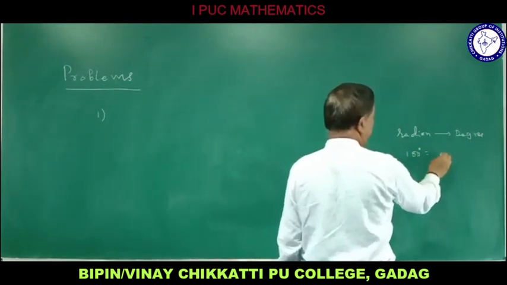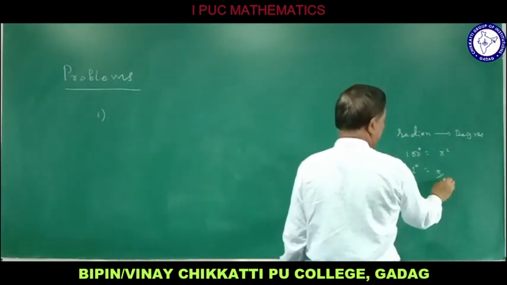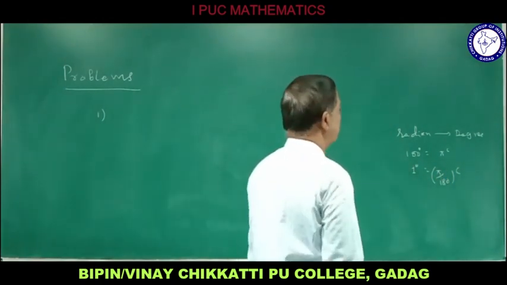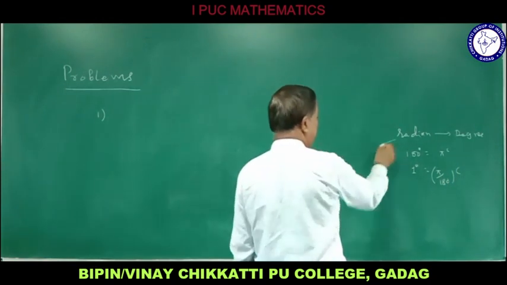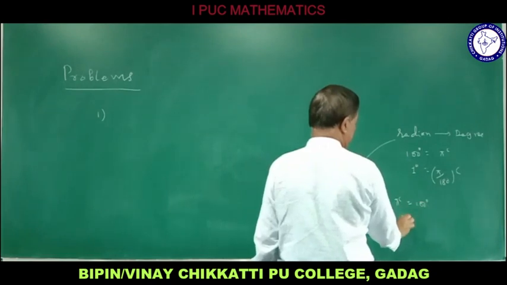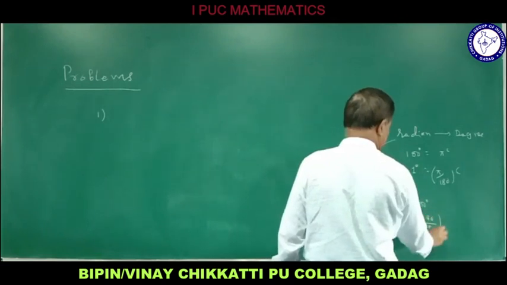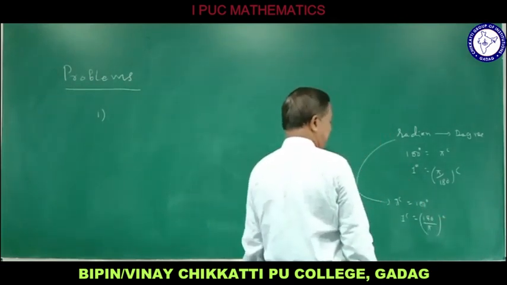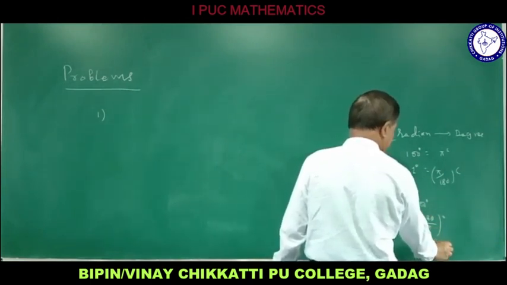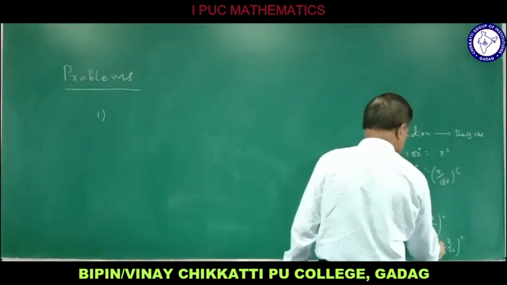180 degrees is equal to pi radian, so 1 degree is equal to pi by 180 radian. But now you can see that pi radian is equal to 180 degrees, so 1 radian is equal to 180 divided by pi degrees. Here pi means 22 by 7, so it is 180 times 7 by 22 degrees.